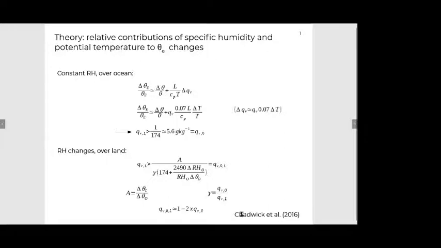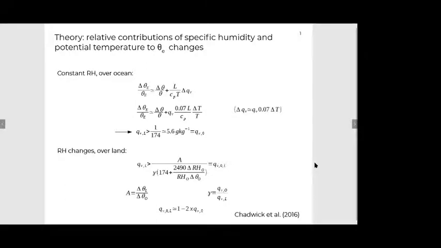I've used some ideas from Robin Chadwick to substitute for delta QV, where we assume that the fractional changes in specific humidity over land and over ocean are the same. Then I have this factor gamma, which is the ratio of the baseline specific humidity over the ocean divided by the baseline specific humidity over land, and another term to account for relative humidity changes.